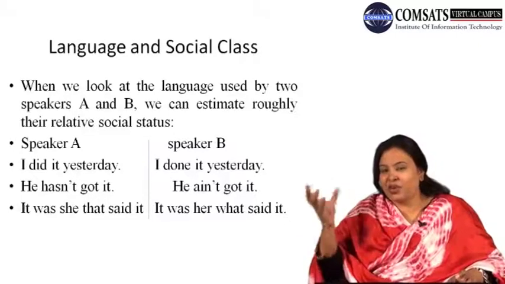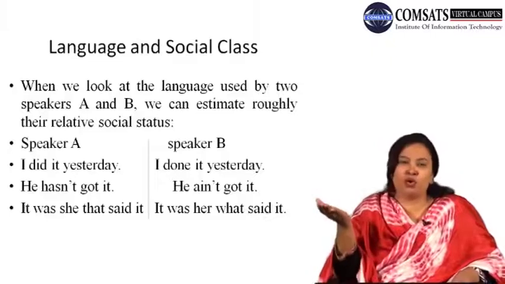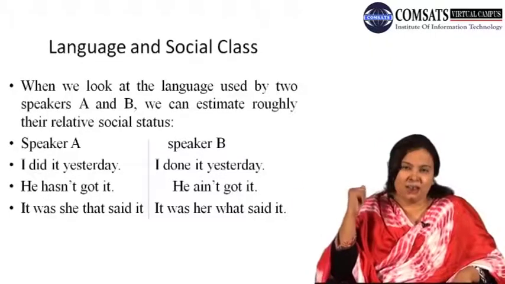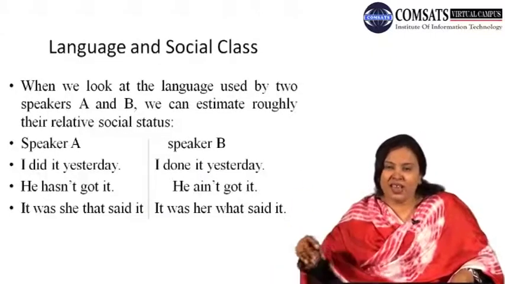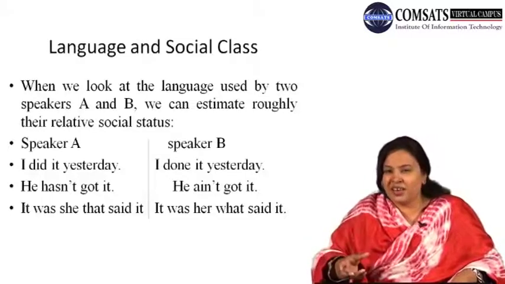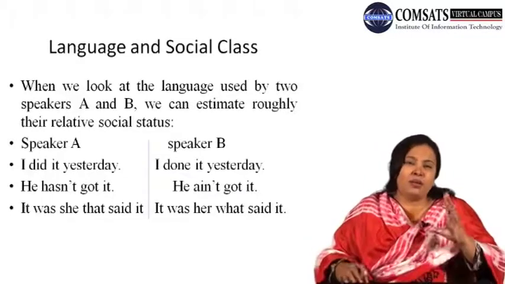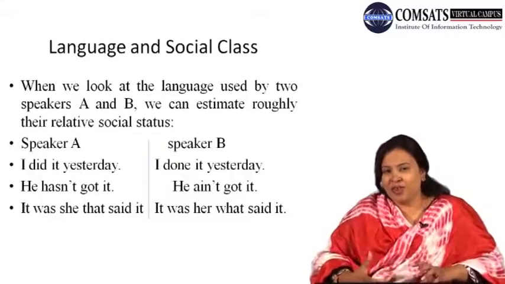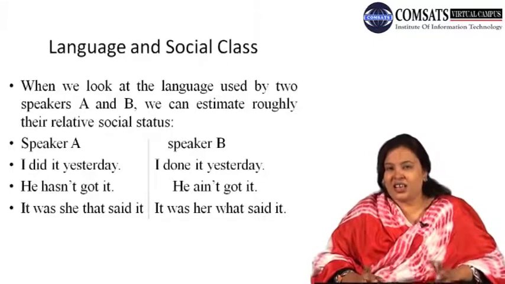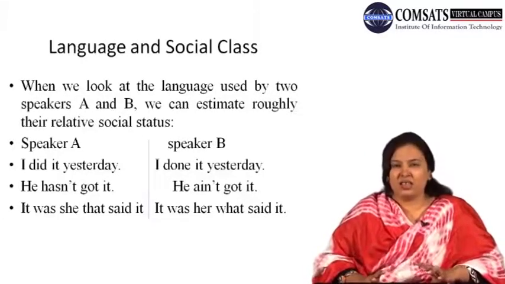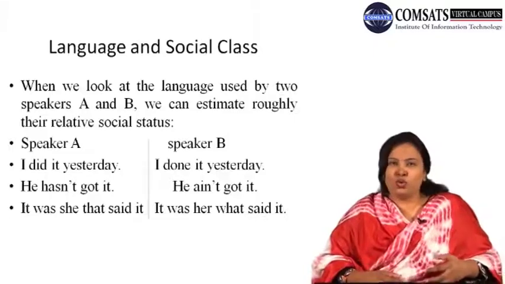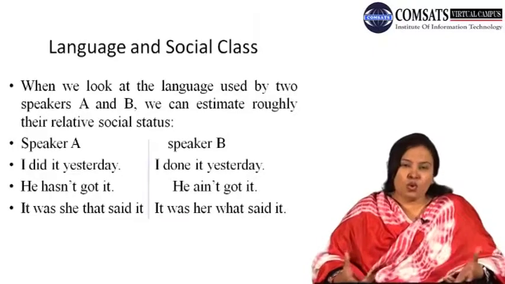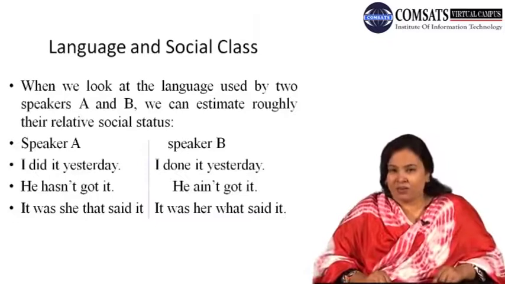So we can judge that speaker A belongs to a higher social class, whereas speaker B is more ungrammatical, or sometimes means something differently, and his way of talking shows that he belongs to a lower class or a working class. So this way your language shows the class you belong to.